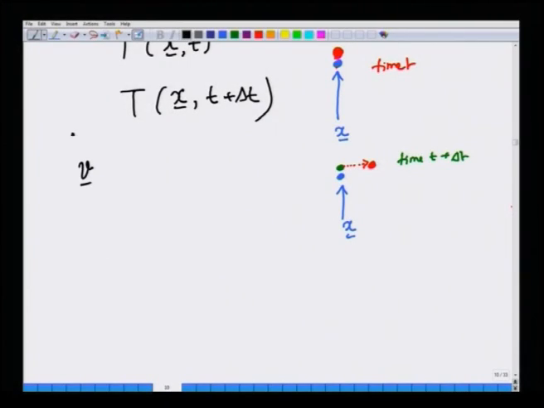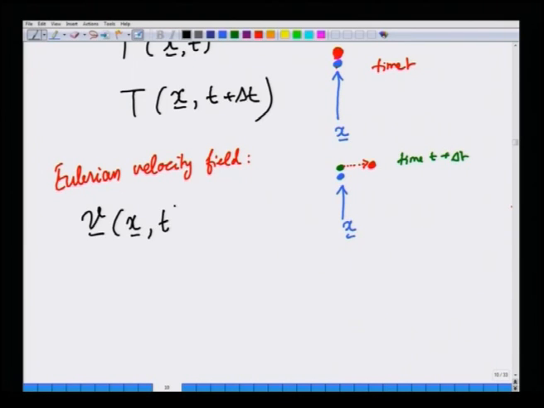Suppose the Eulerian velocity field is given by v as a function of x and t. Once you have this information, we cannot compute the partial derivative of v with respect to t and call it acceleration.